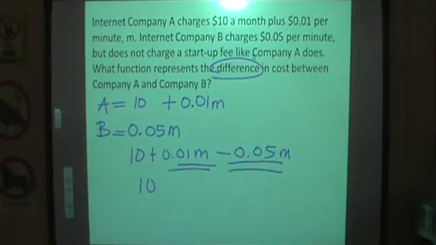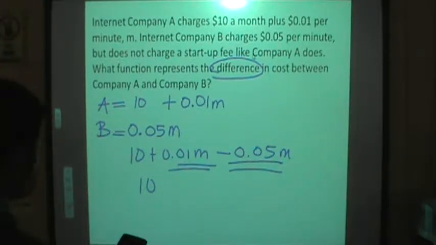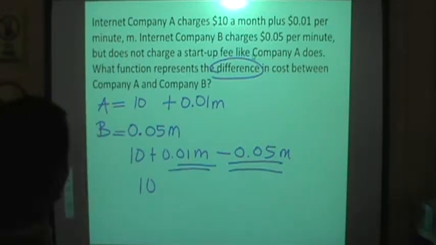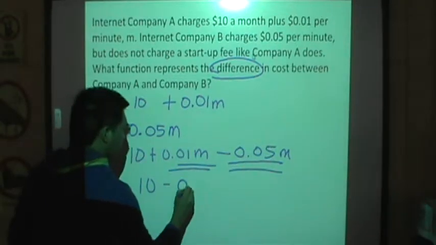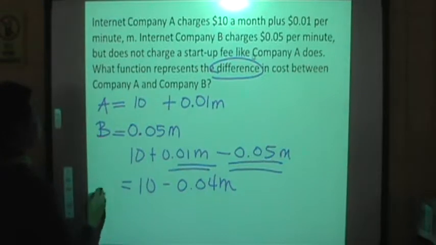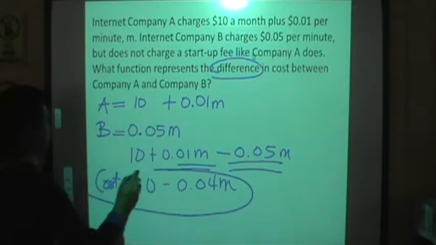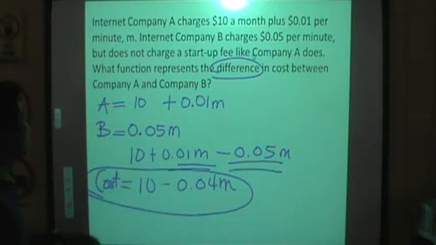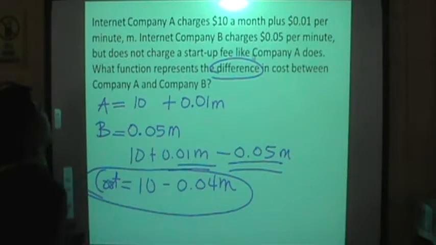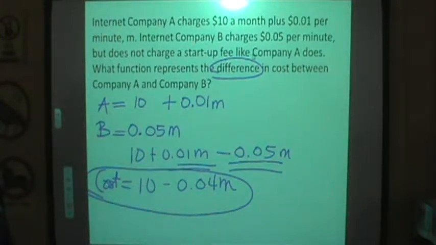Now using your calculator, you'll press 0.01 minus 0.05, and it will give you minus 0.04 m. And this is going to be the cost. Okay? This is now the difference of the cost between A and B.